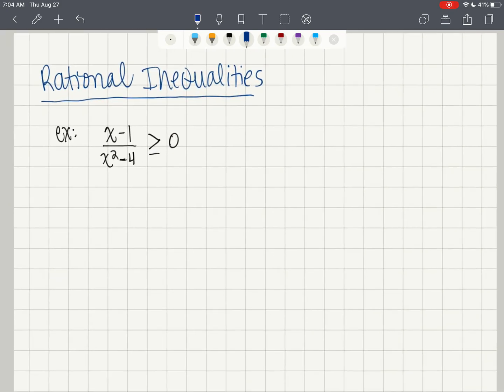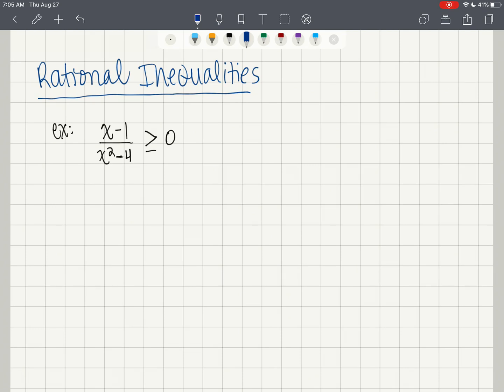Okay, rational inequalities. Rational inequalities are interesting because rational inequalities just have a little bit of a difference. So let's just be very clear where we're going to get our critical values from. Values that make the numerator equal to 0 are critical values.